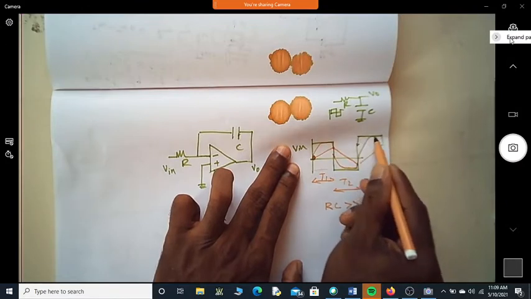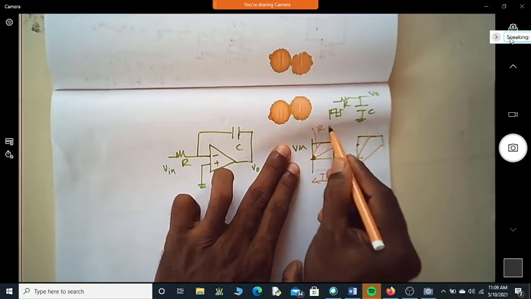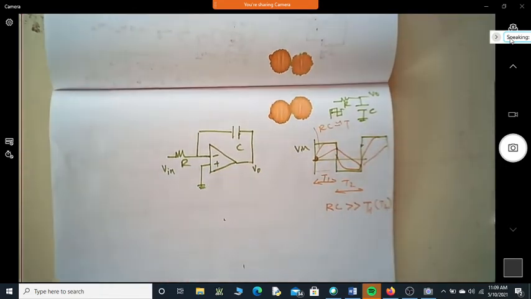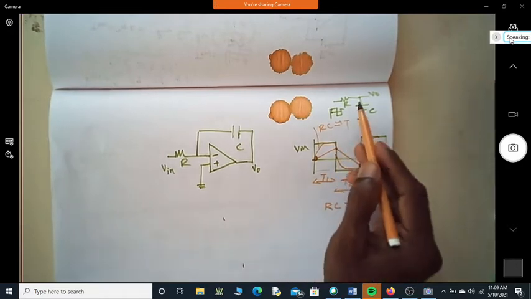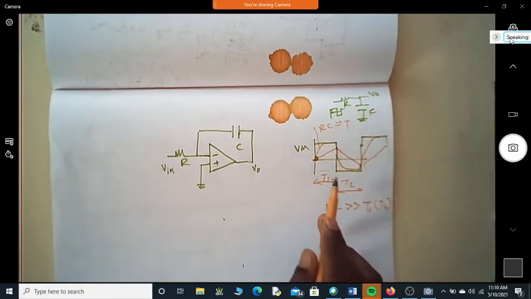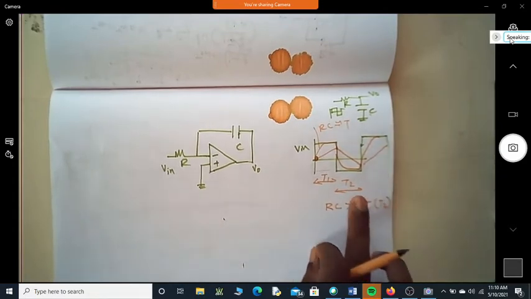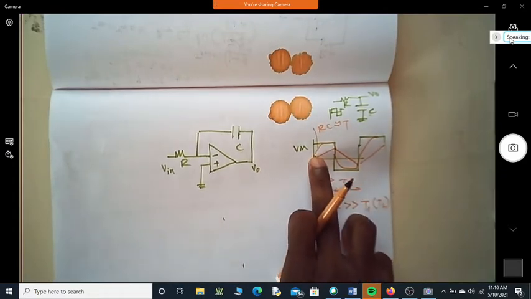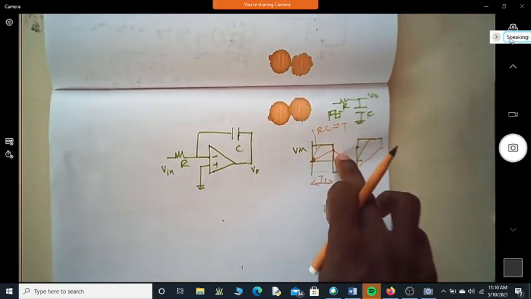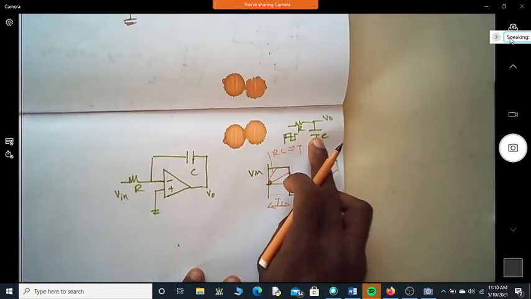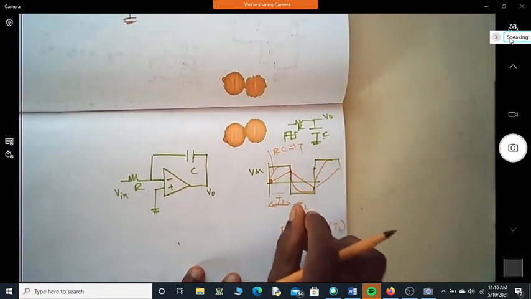See here? So this is if the RC time constant is almost equal to T or less than T. The condition we are assuming is that RC is far, far greater than the available time. This is the waveform which is going straight here. Capacitors always charge exponentially.